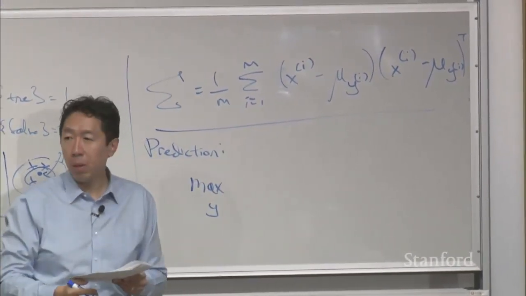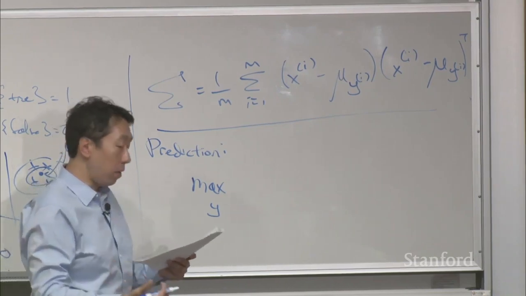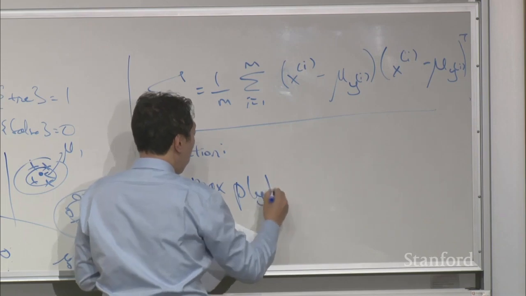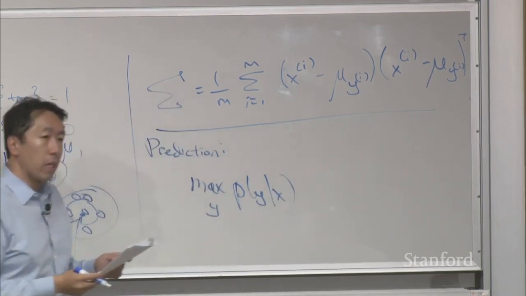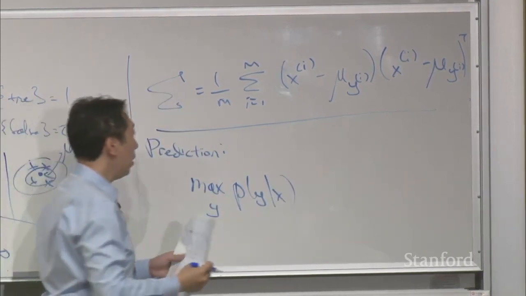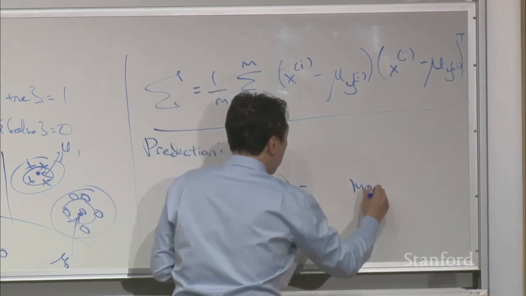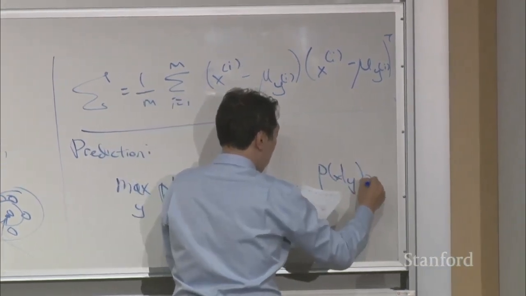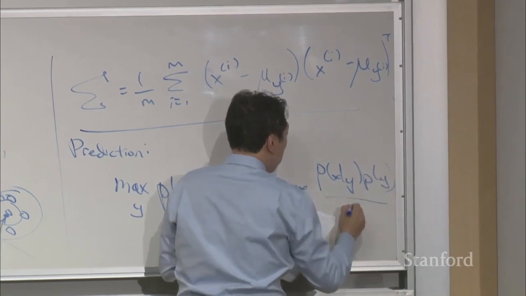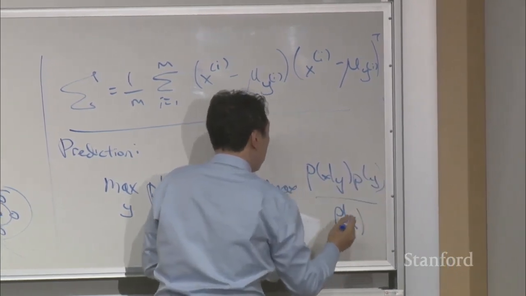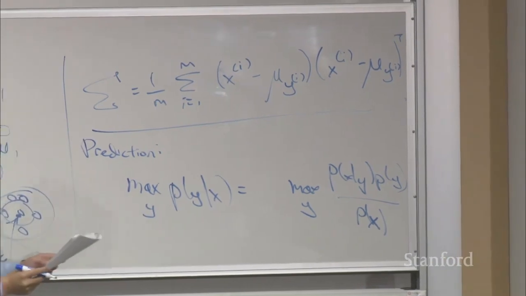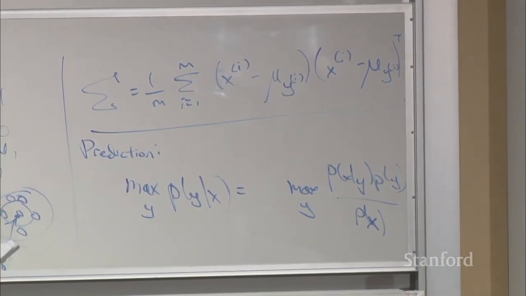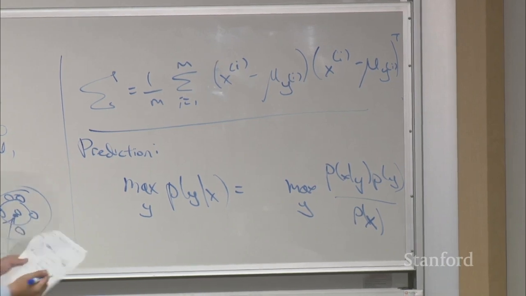If you want to predict the most likely class label, you choose max over y of p of y given x, right? And by Bayes' rule, this is max over y of p of x given y, p of y, divided by p of x.